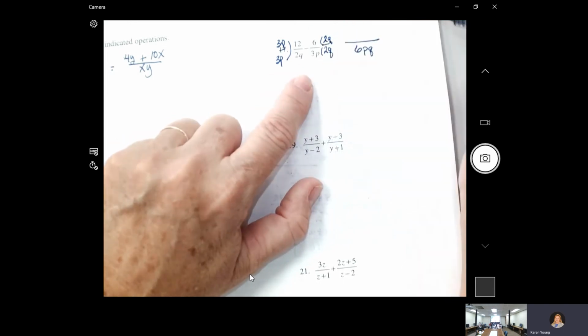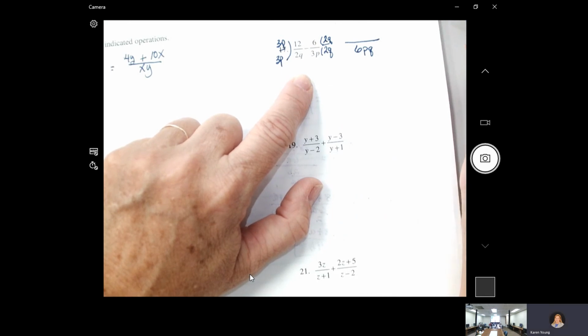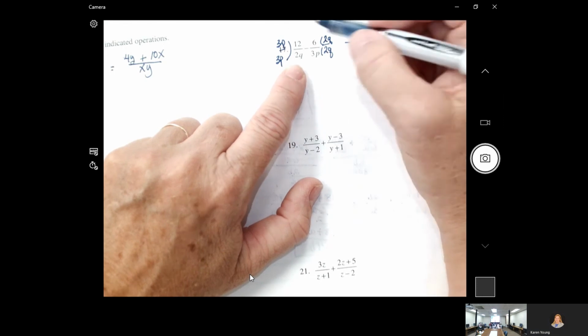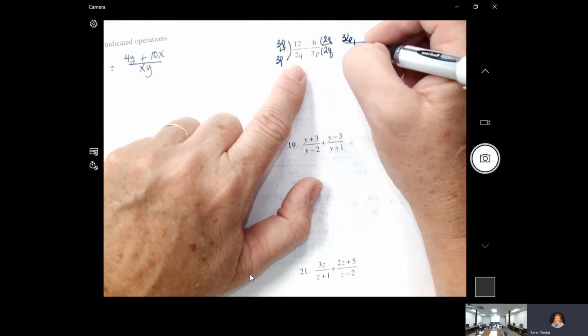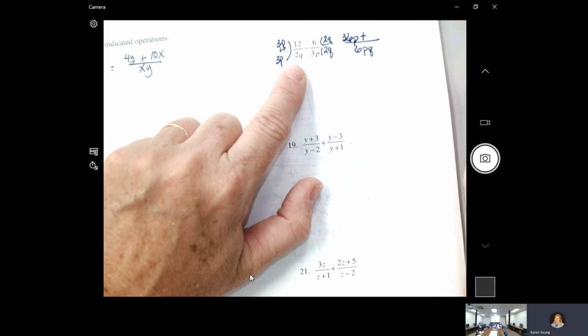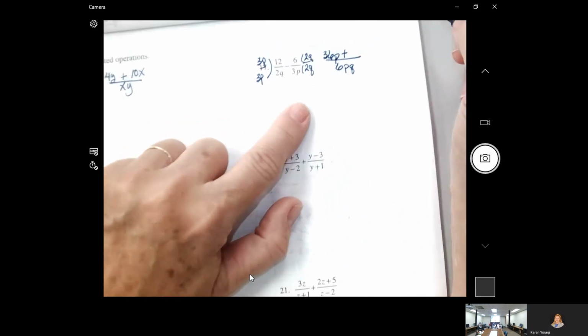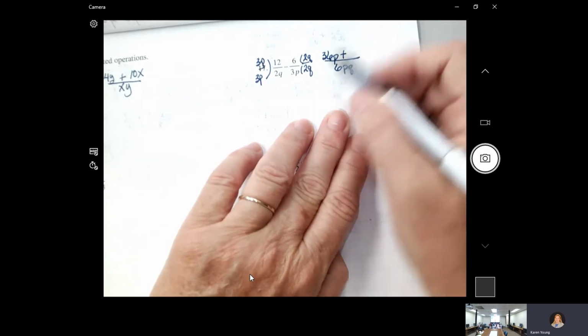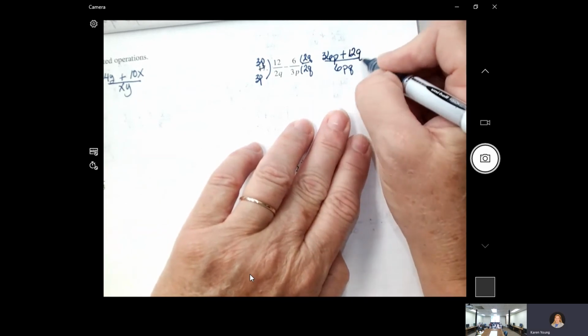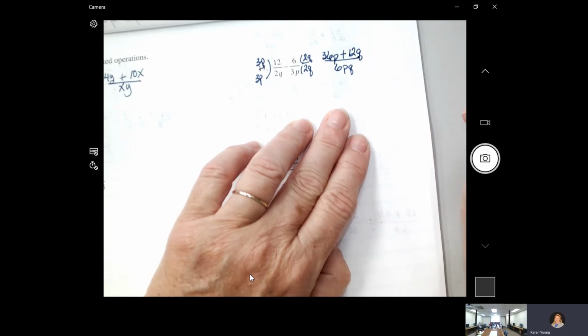Does it matter which way you do the P and the Q, like the 6PQ, or is it 6QP? Either way. Okay. So 3 times 12 is 36. And then 6 times 2 gives me 12q. So I've got 36p plus 12q over 6pq.